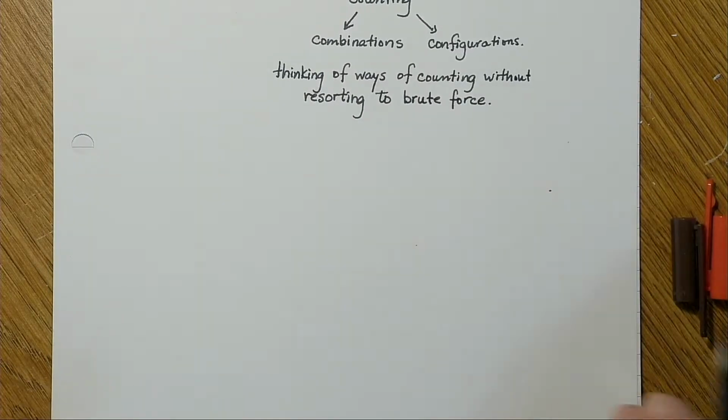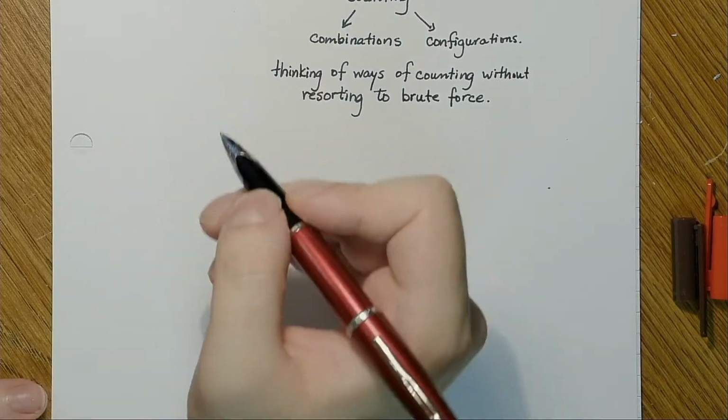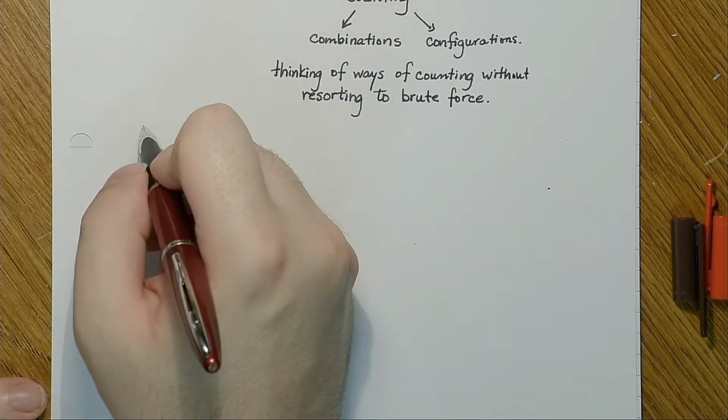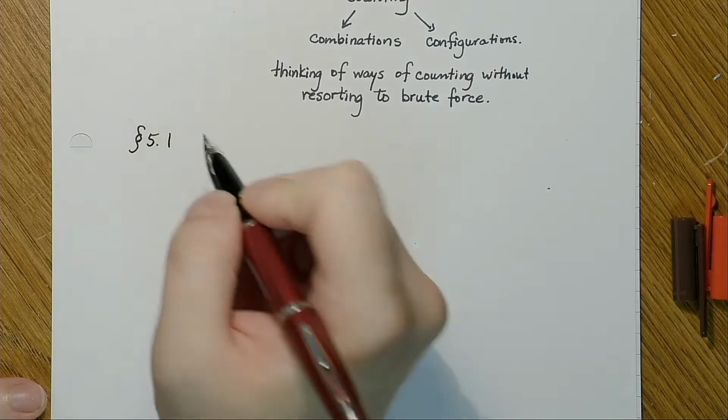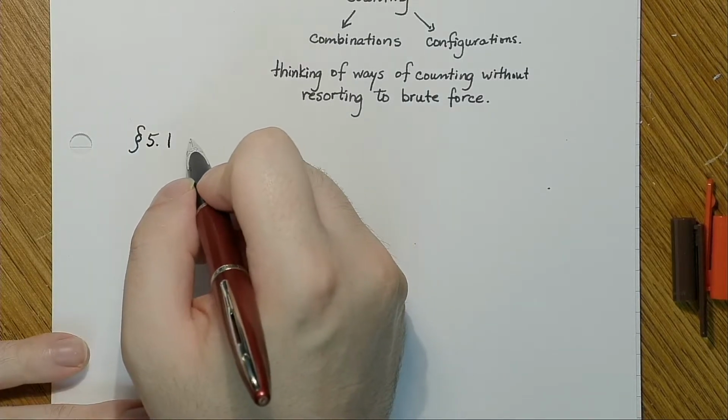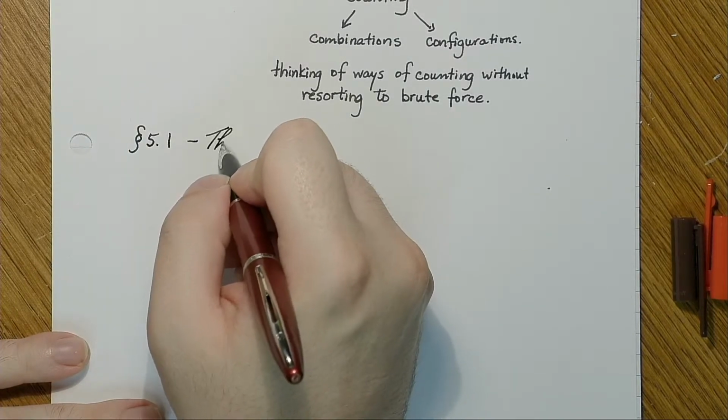How many ways can we line up those pen caps? That's just an example, but we'll get to principles that will handle that potentially in this lecture or in the next one. So that's section 5.1, and we're going to be covering the pigeonhole principle.